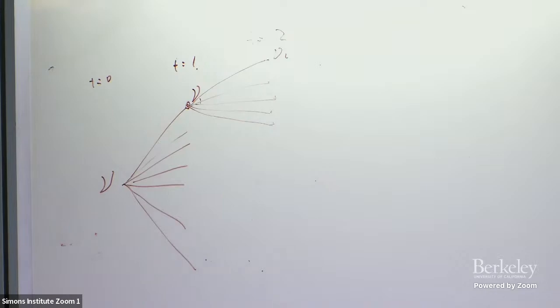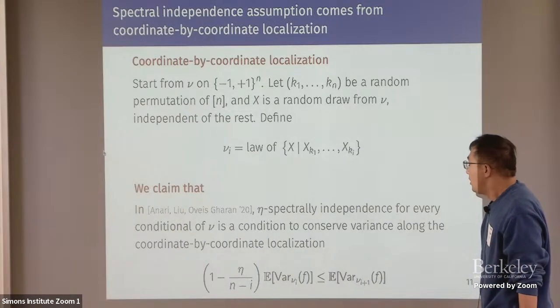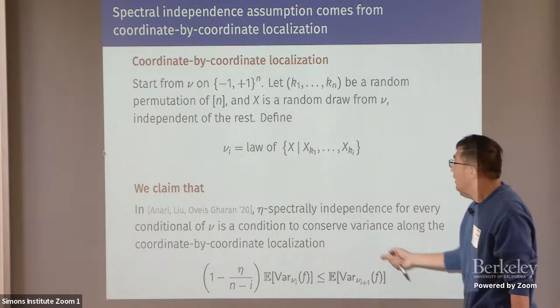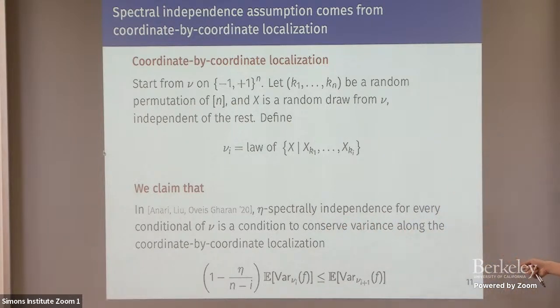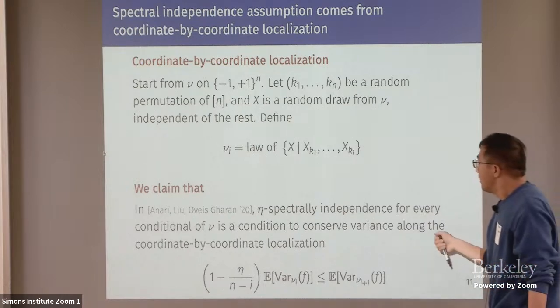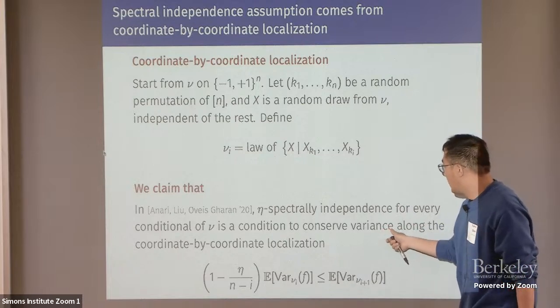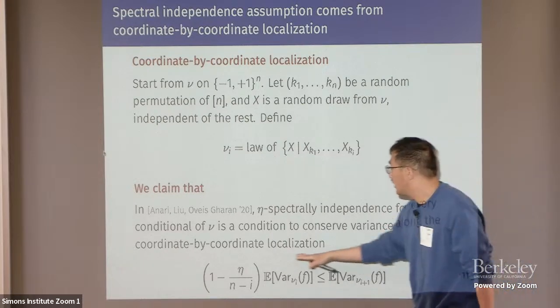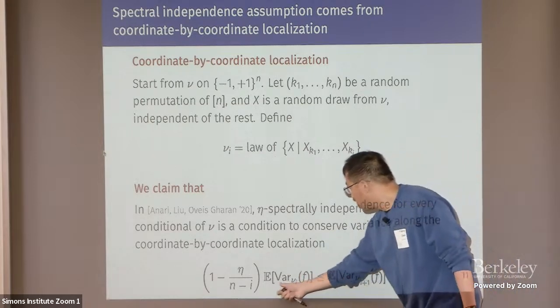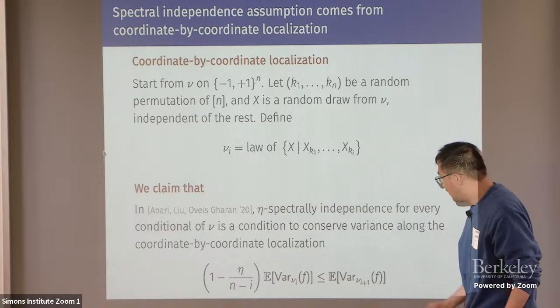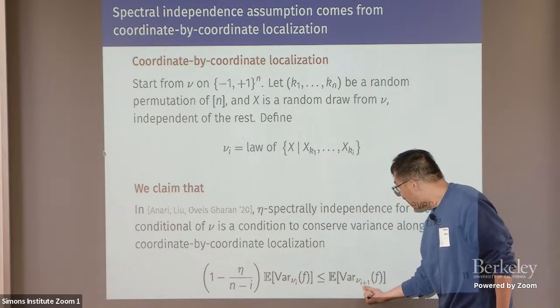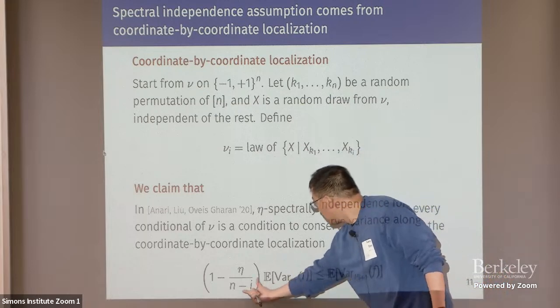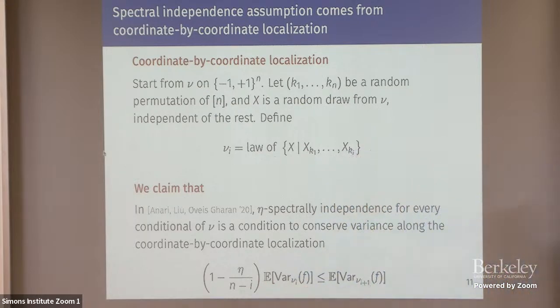Okay, so then the claim is that in the spectral independence paper, the reason they put eta-spectral independence on all conditionals of mu is that they want to ensure that the variance is conserved, or approximately conserved, along the coordinate-by-coordinate localization, in the sense that you want to show this type of inequality: the variance at time i+1 is lower bounded by some constant times the variance at time i.